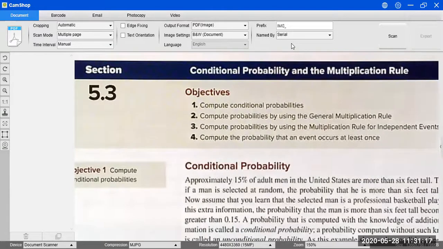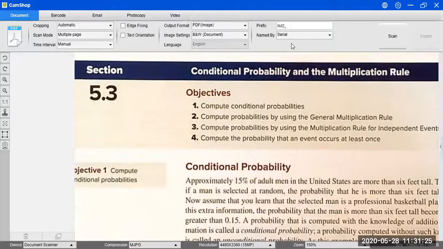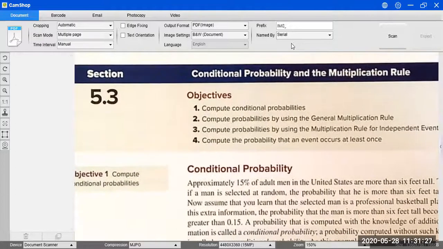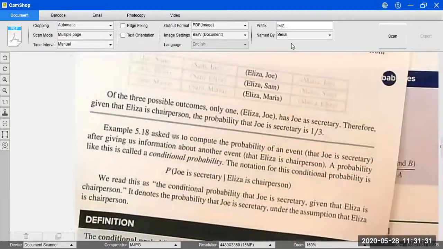So now we're going to talk about the conditional probability and the multiplication rule. I'm going to go through this section by looking at the definitions first. For example, we have the definition of conditional probability on page 226.